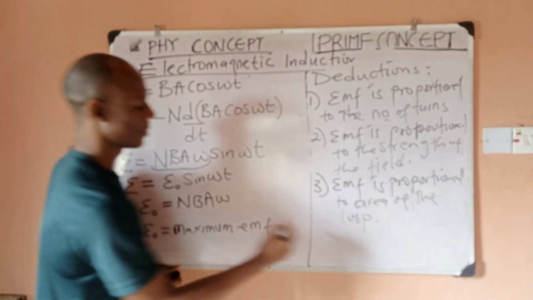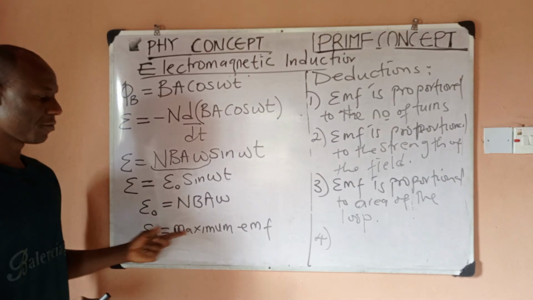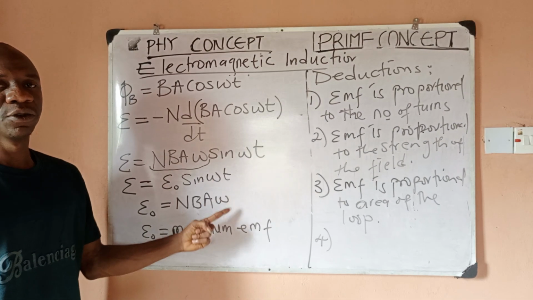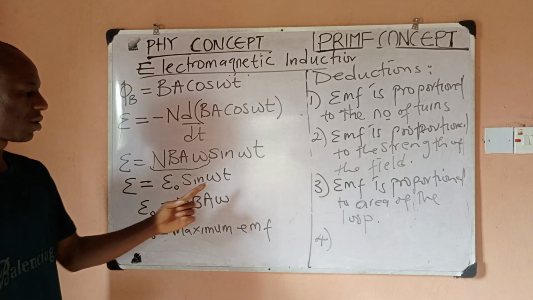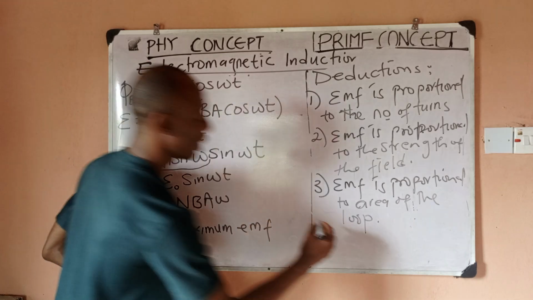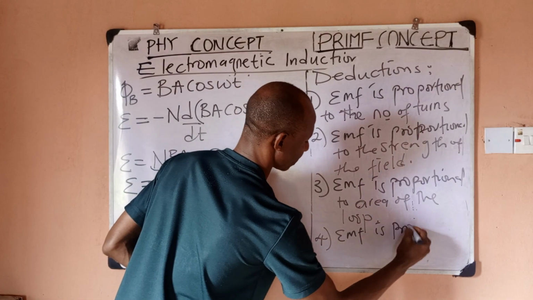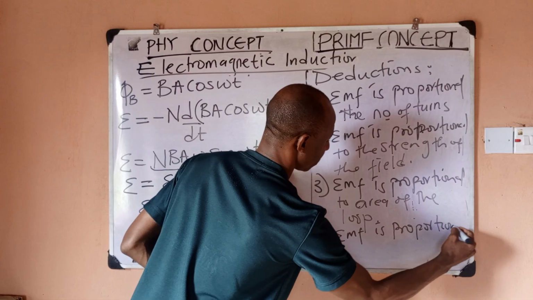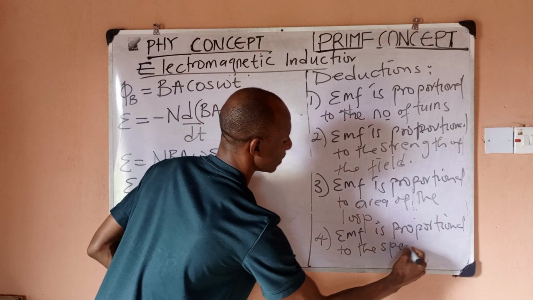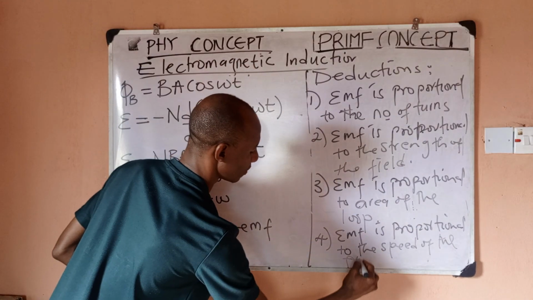Then fourthly, we can also see that the induced EMF is proportional to the speed of movement of the magnetic field, or the speed of rotation of the magnetic field. So the EMF is proportional to the speed of the field.